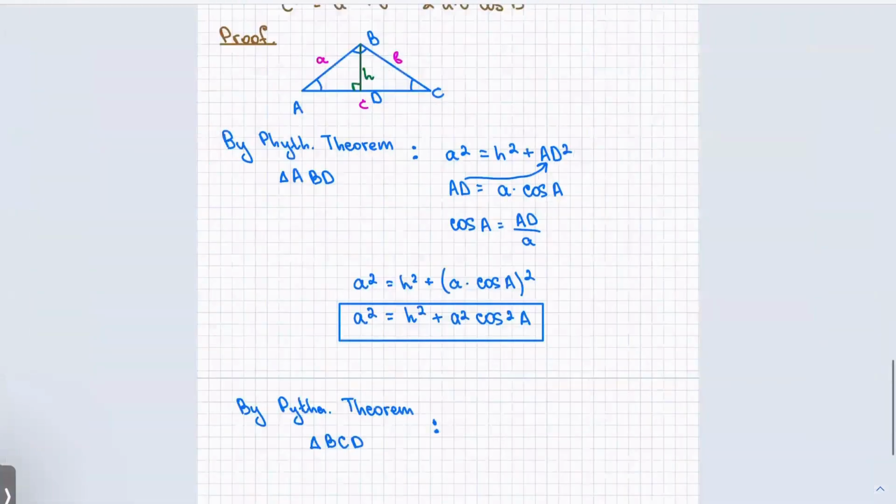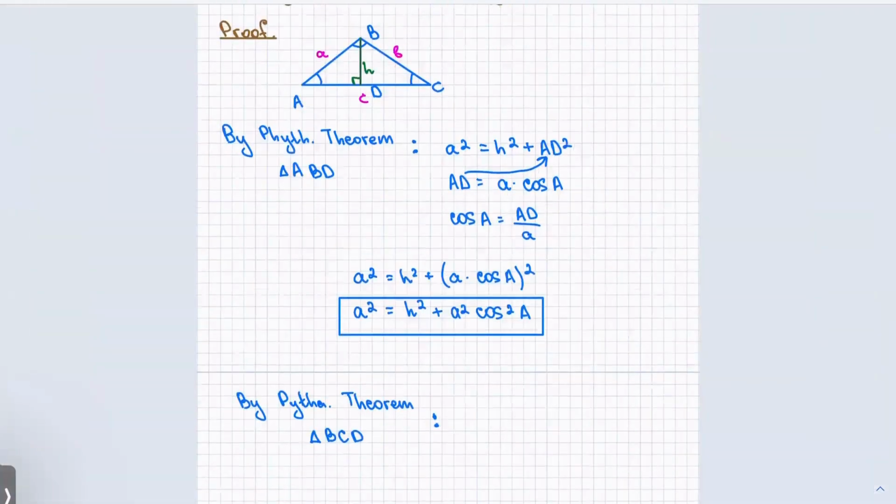Let's see. This is our hypotenuse. So B squared, our hypotenuse, is equal to H squared, our side, plus DC squared, or CD squared. Let me write DC squared, just in order. Very good, dear students.